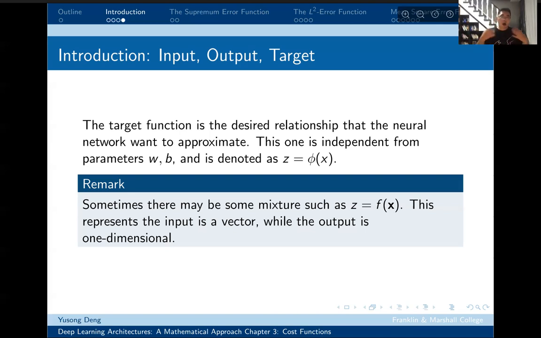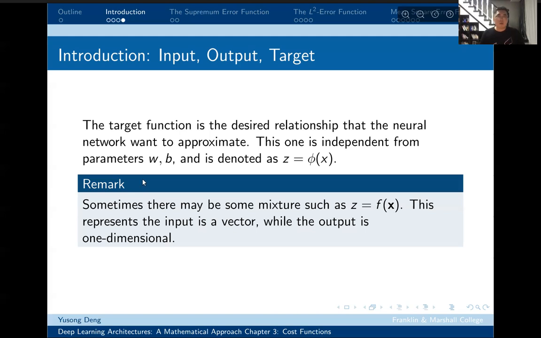Basically, how we are going to achieve that target function is by adjusting the parameters W and B we talked about before, and that adjusting process is the so-called learning process of neural networks. We think the neural network is trying to learn something when it is adjusting its parameters.